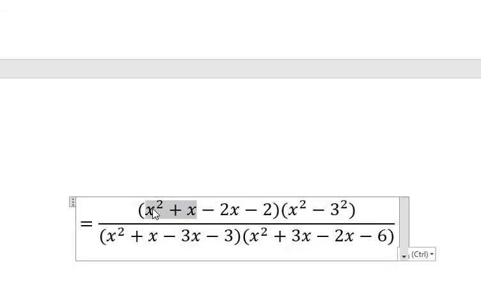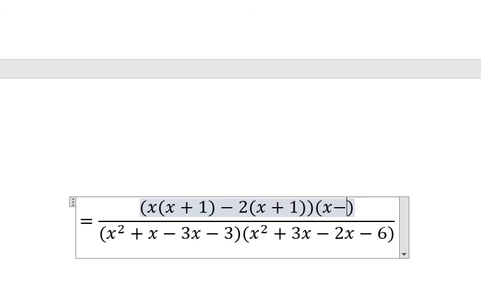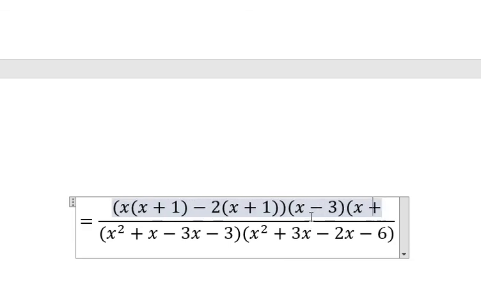So this one, that's s. For this one, that's negative 2. This one, we apply a squared minus b squared equals a minus b multiplied by a plus b. And this one you get s minus 3 multiplied by s plus 3.